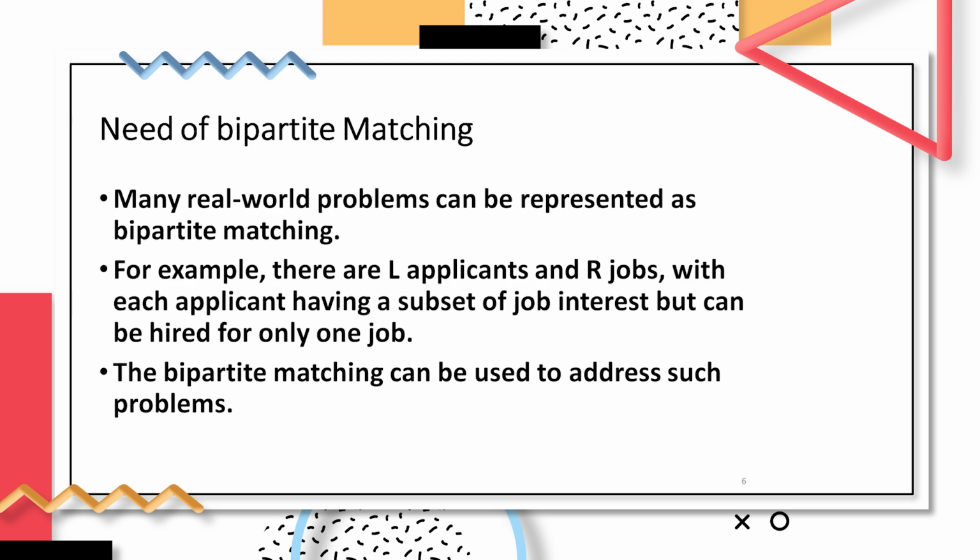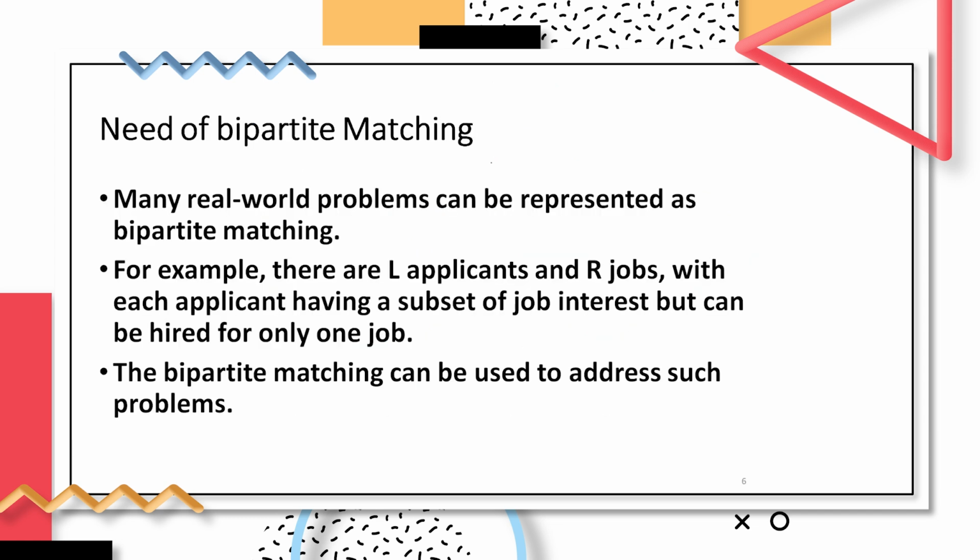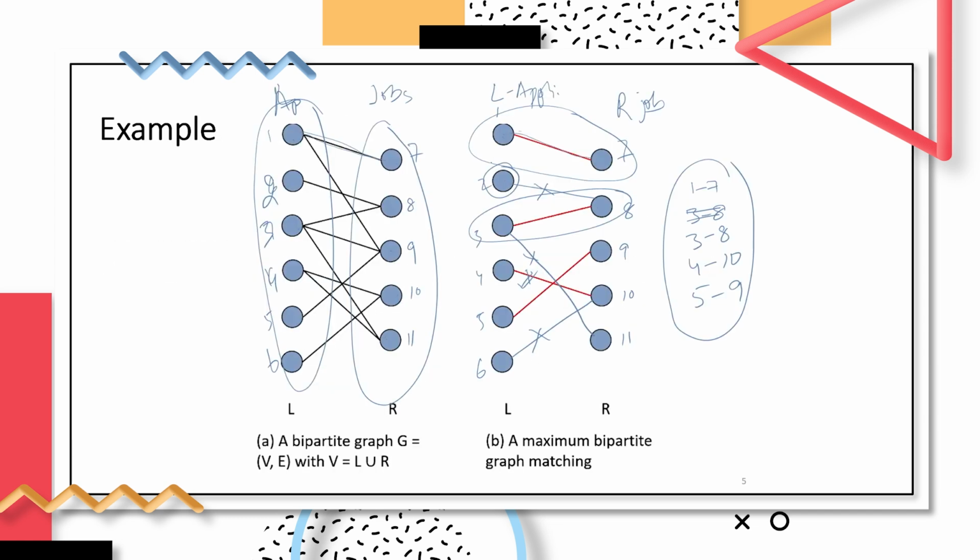So, that is maximal matching, we want that most of the people get jobs of their interest. Maybe in a particular case one or two applicants may not get a job, but most of the applicants should, because here the applicants are more and jobs are a bit less.